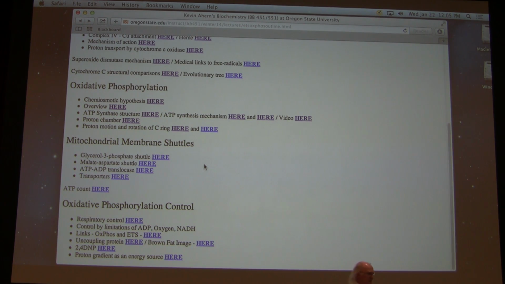They provide the electrons necessary for the electron transport system to go. One of the things that I haven't talked about, but I will tell you now, is that NADH does not cross the mitochondrial inner membrane. It does not cross it. Meaning that if you're making NADH out in the cytoplasm like you are with glycolysis, that NADH cannot directly come into the mitochondrial matrix.